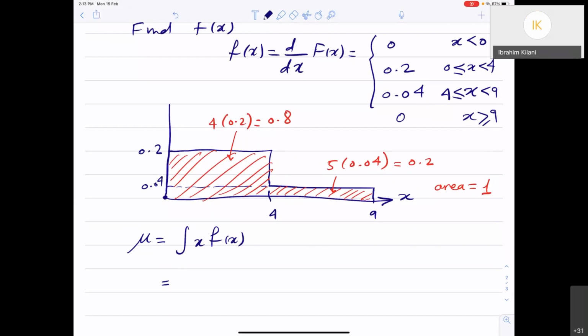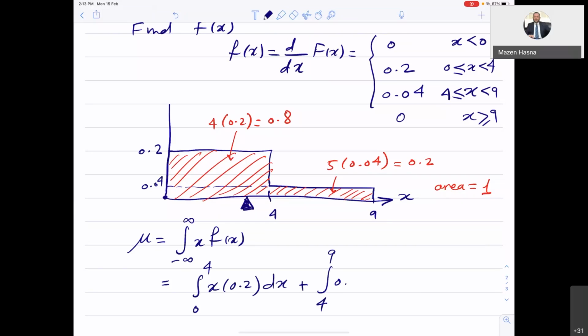So if we look at the mean, as we mentioned before, a way to balance this, it should be less than 4. Applying the definition again, I have 2 ranges. From 0 to 4, I have x times 0.2 dx, plus from 4 to 9, I have 0.04 x dx.